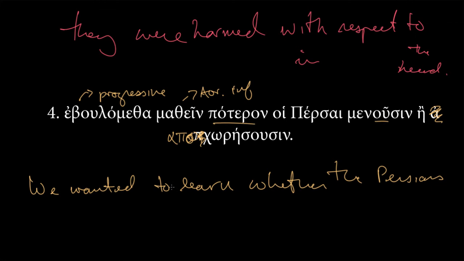We wanted in the past to know whether the Persians would, in the relative future, and in English we do that with the helping word would. Whether the Persians would remain, would stay, or, and then here we have apochorousin, again a future tense verb, or depart, or leave, go away.